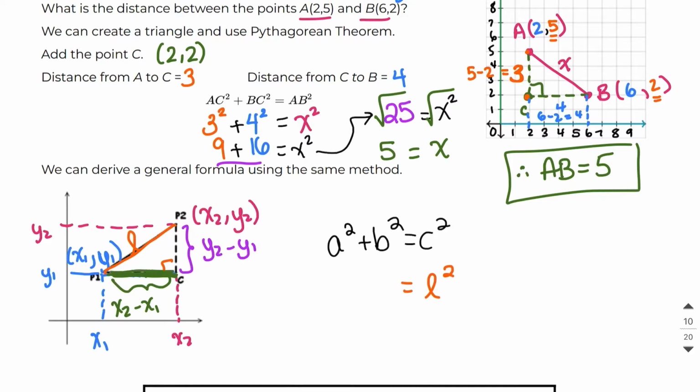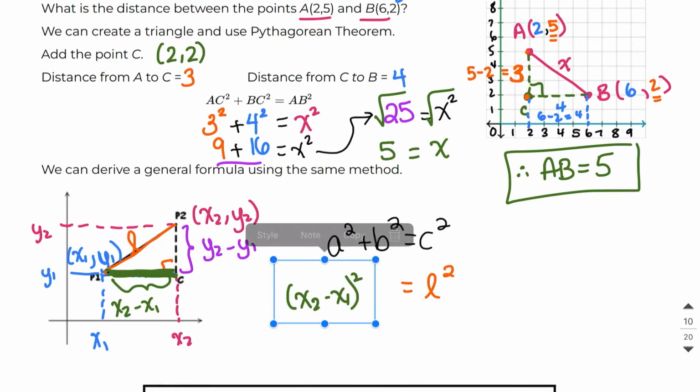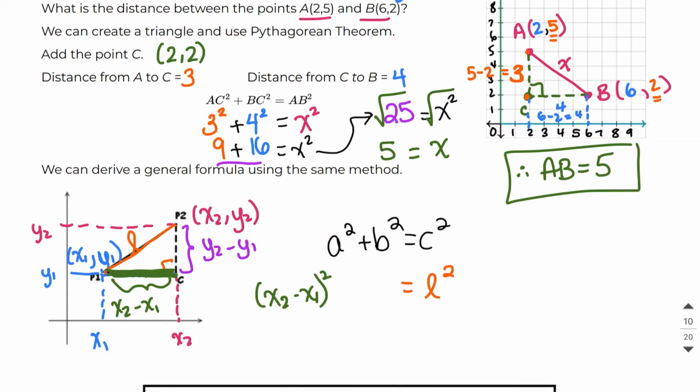It doesn't really matter. So I'll just say the a is this side length. I could also say it's the vertical side length. It doesn't matter. So I can say it's x2 minus x1 squared. That's the a value, plus now the b value will be this vertical piece right here. So this is y2 minus y1 squared.